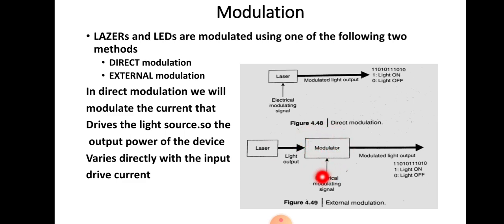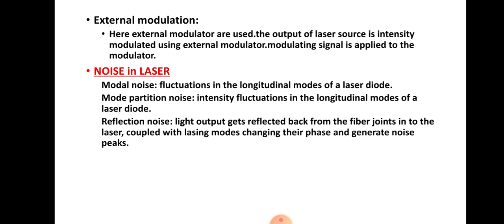Based on the modulating signal, the output from the laser is modified inside the modulator, and the modulated light output is obtained. Usually the intensity of the light may be varied by using the electrical modulating signal. So, in external modulation, external modulators are used. The output of the laser source is intensity modulated using an external modulator, and a modulating signal is applied to the modulator.